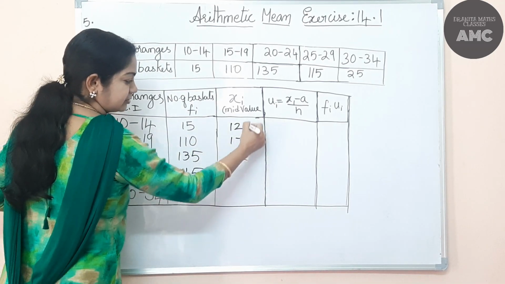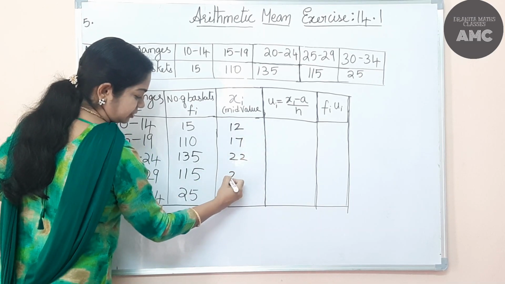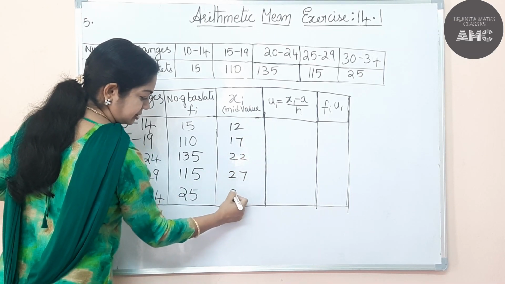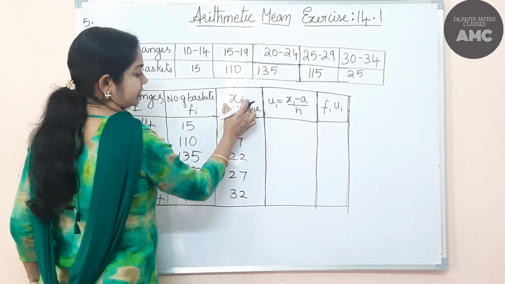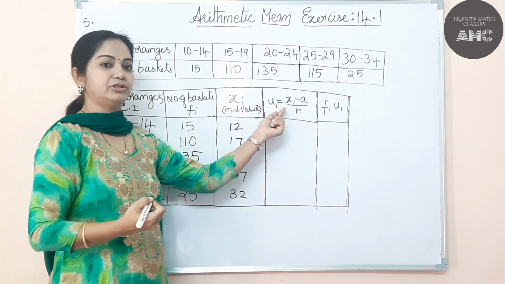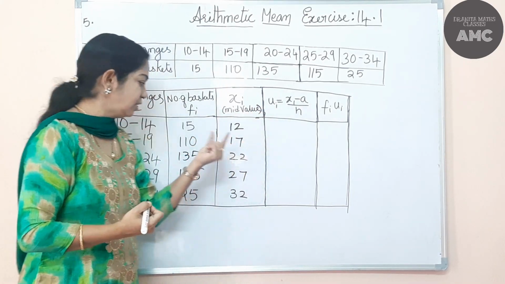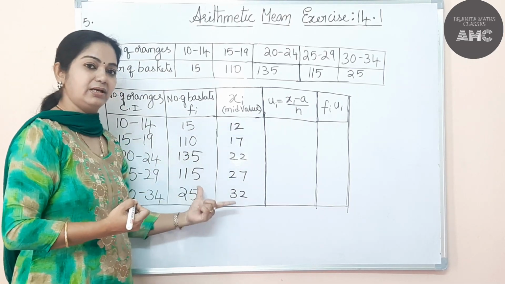So how much difference do you see here? There is a difference of 5 each time. So it comes to 27 and this is 32. Or else you can do it for each one. Now these are the mid values, and we have to find the u. The simpler values of u, we will be reducing these big ones. If you multiply, it will be very time consuming.